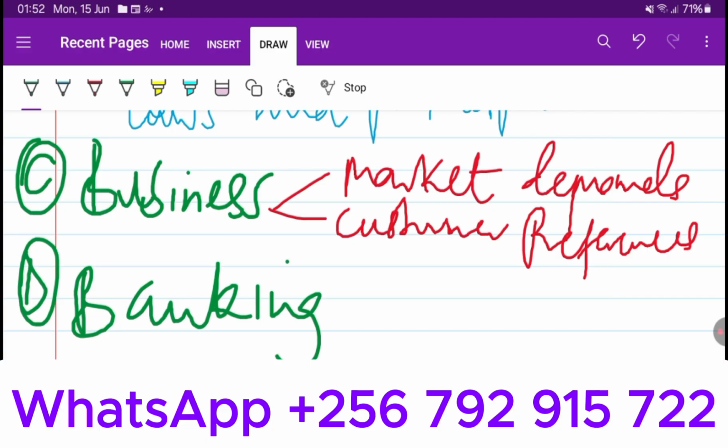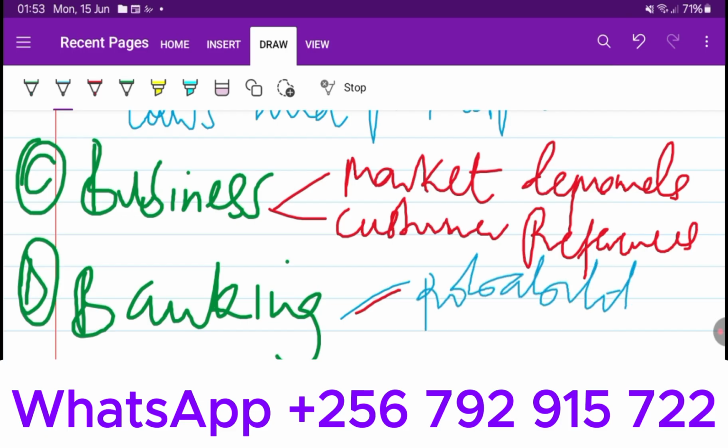Now, banks use statistics or statistical aspects in various ways. The banks apply a principle of probability. How do they apply this principle of probability?